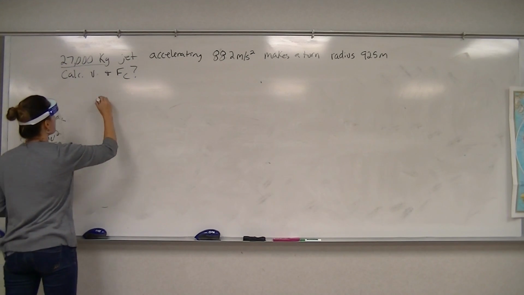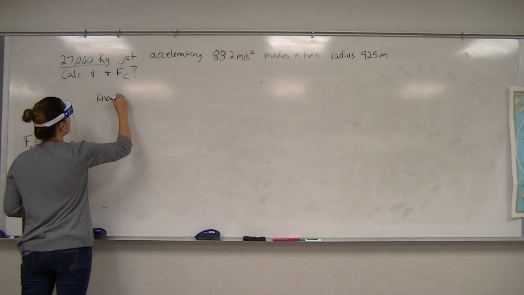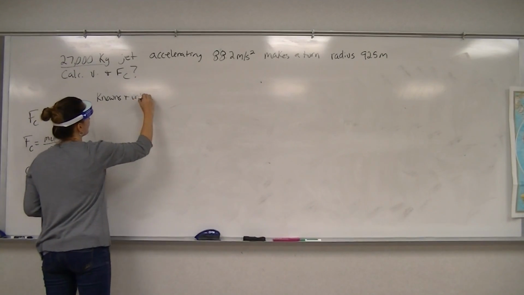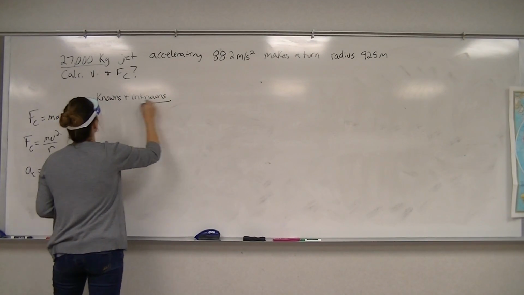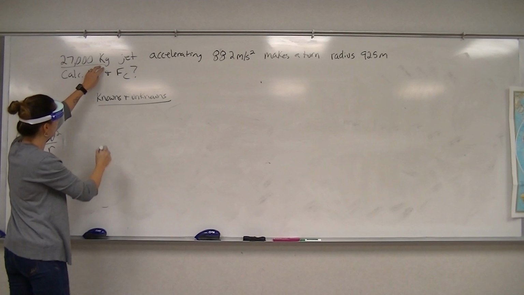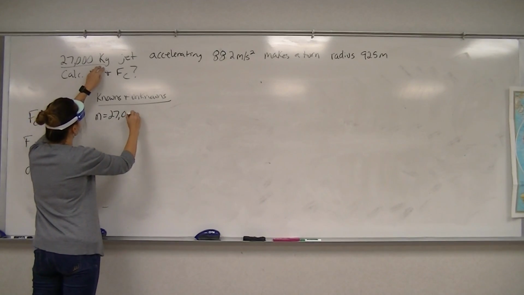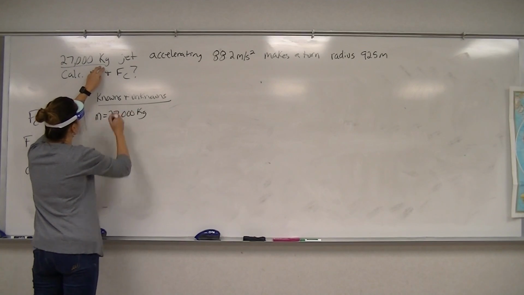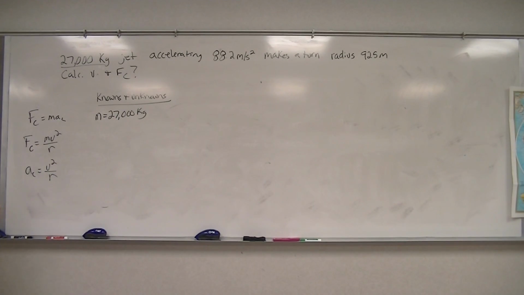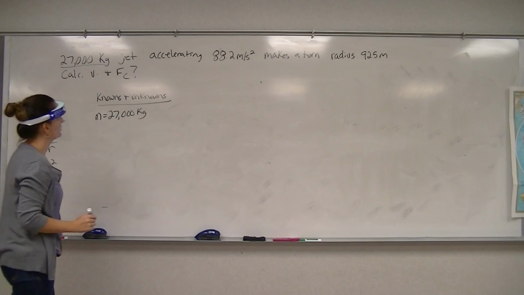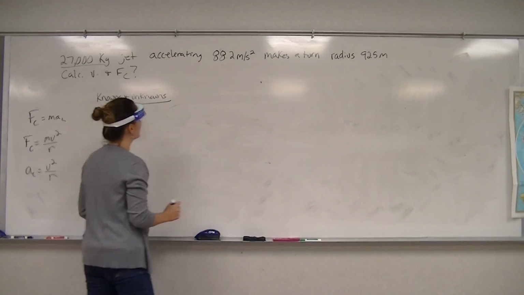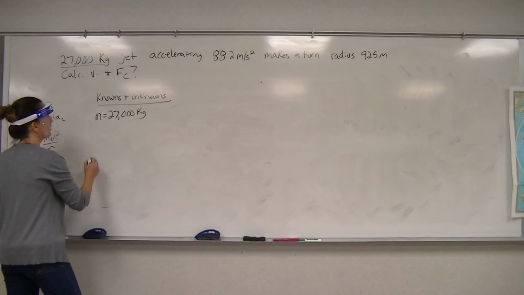What is that? So the units on it will tell me kilograms is a mass, so that's going to be my m value. They are accelerating at 88.2 meters per second squared.